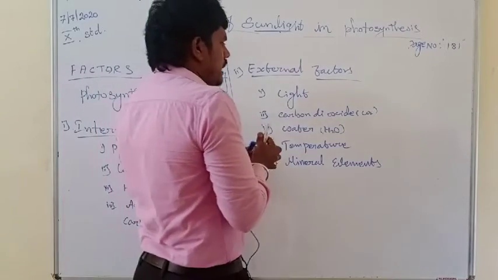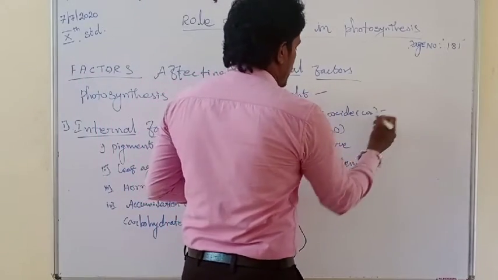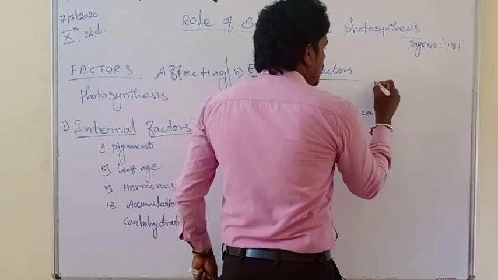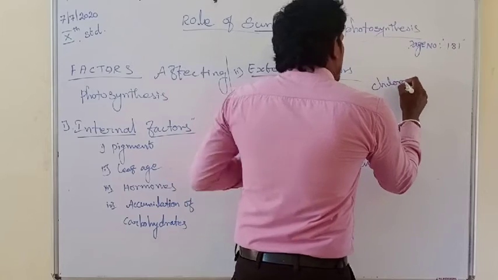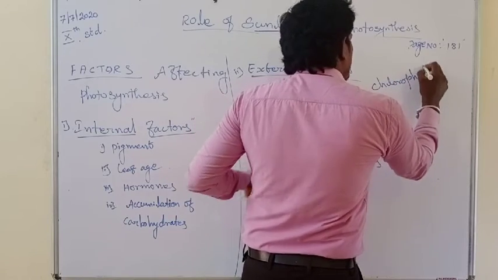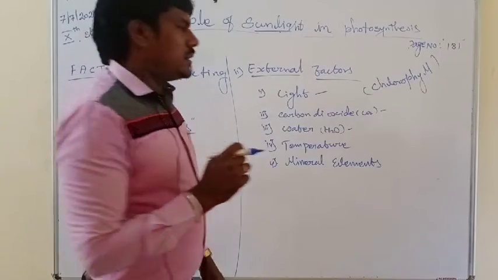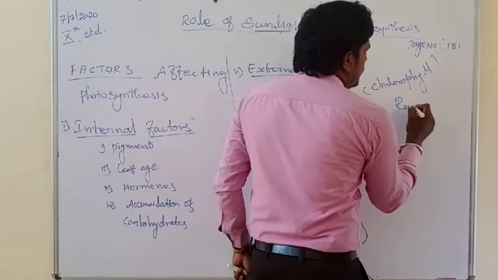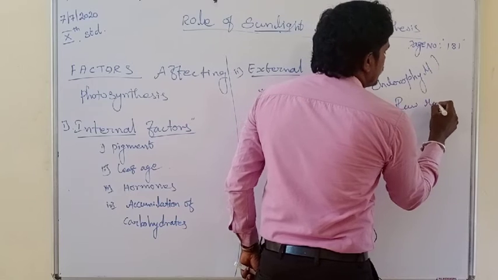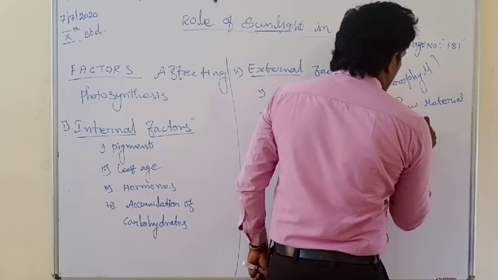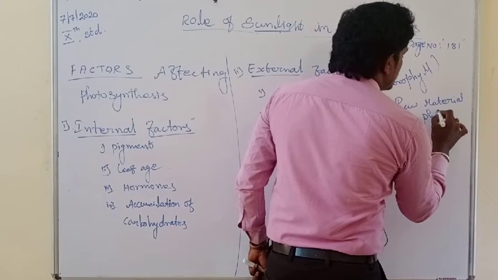See, here they are mentioned: light, carbon dioxide, water, and then chlorophyll. These are the raw materials of photosynthesis.